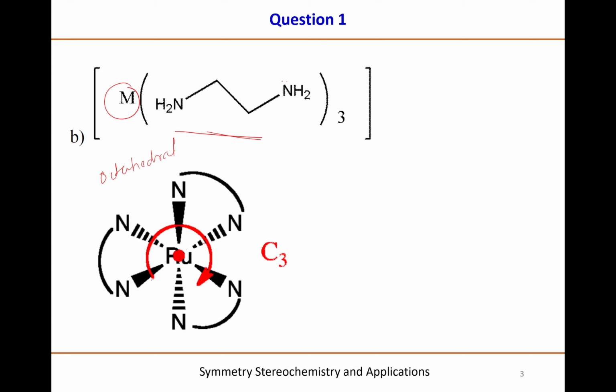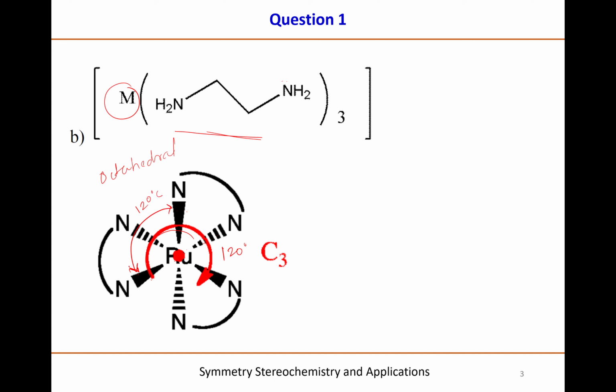If we rotate on this axis by 120 degrees, suppose the angle between these two wedge bonds of nitrogen is 120, correct?